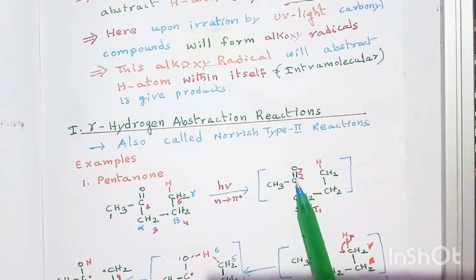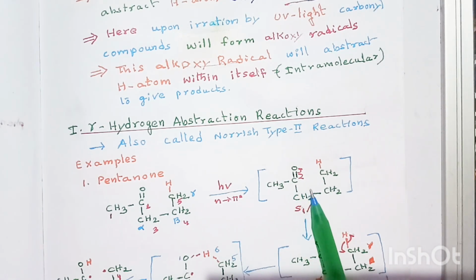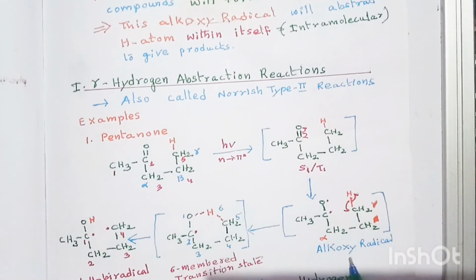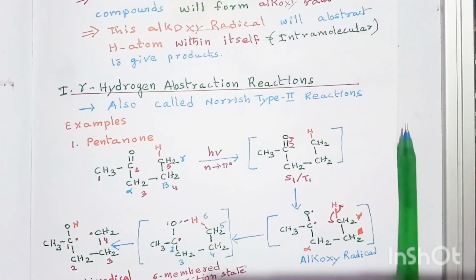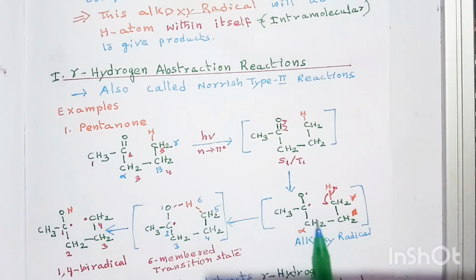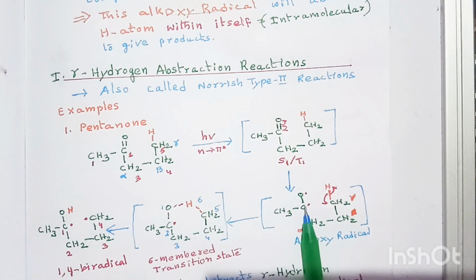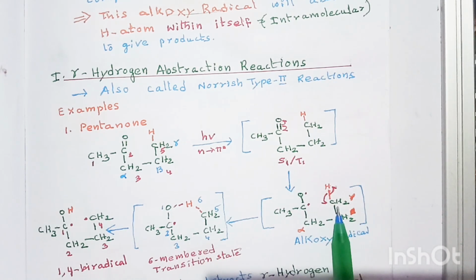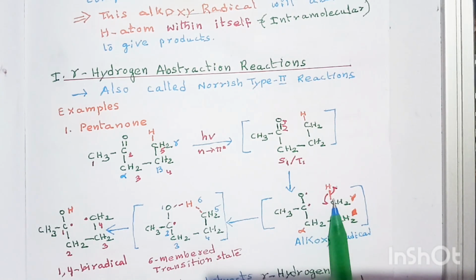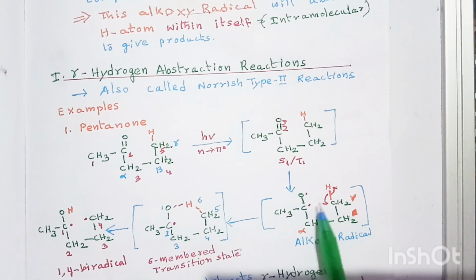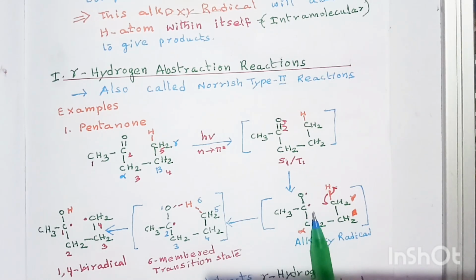Here the pi bond between carbon and oxygen is cleaved homolytically to give us an alkoxy radical. This is the alkoxy radical, CH3 C radical, O radical, CH2, CH2, CH2 and H. This is the gamma hydrogen. This alkoxy radical is formed first.